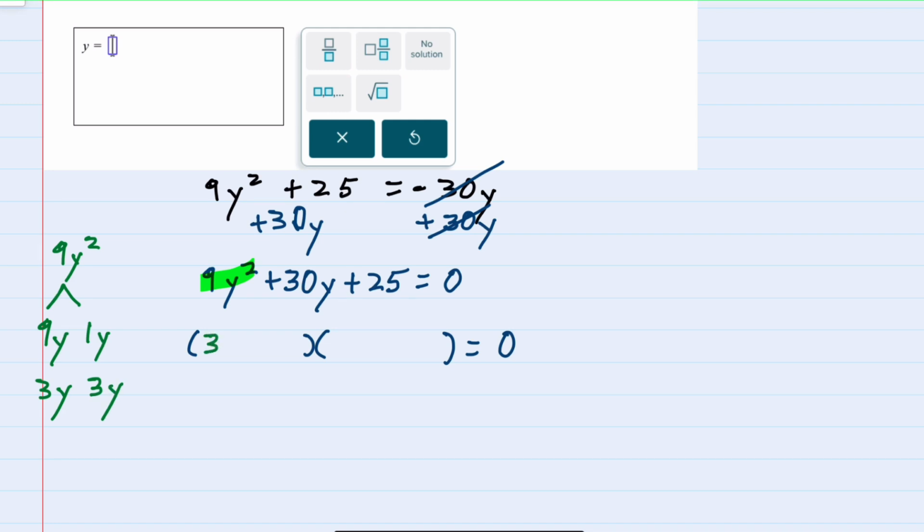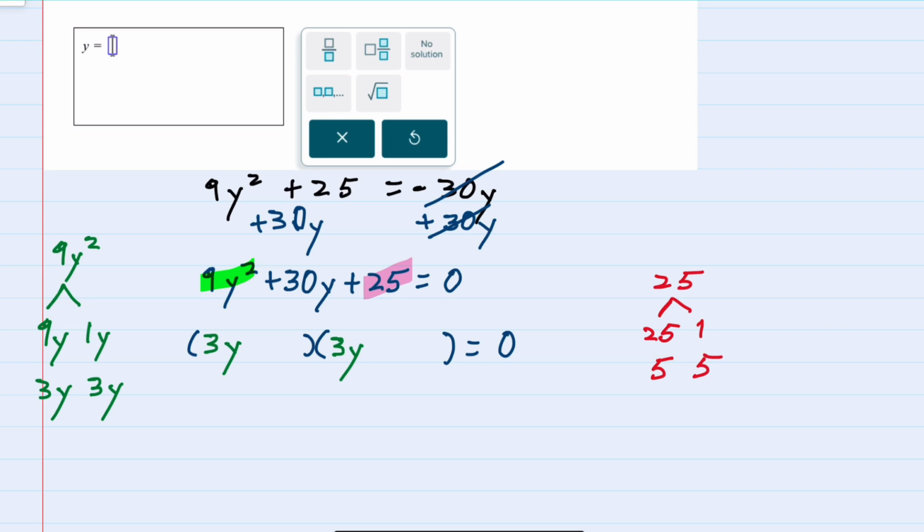I'll start by trying 3y and 3y, and then for trial and error, I would look at the c term, 25, and again, my only options are 25 and 1 or 5 and 5.